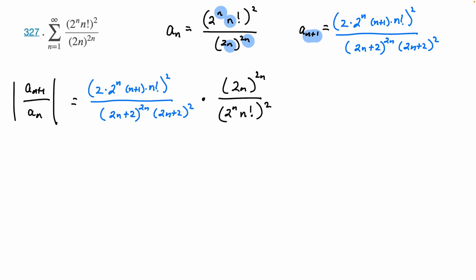Okay, so let's look for any cancellations. 2 to the n is being raised to the power 2 in the top and being raised to the power 2 in the bottom. The same goes for n factorial, power 2 in the top, power 2 in the bottom. So those go away. Let's see. After removing that, let's do easy stuff.